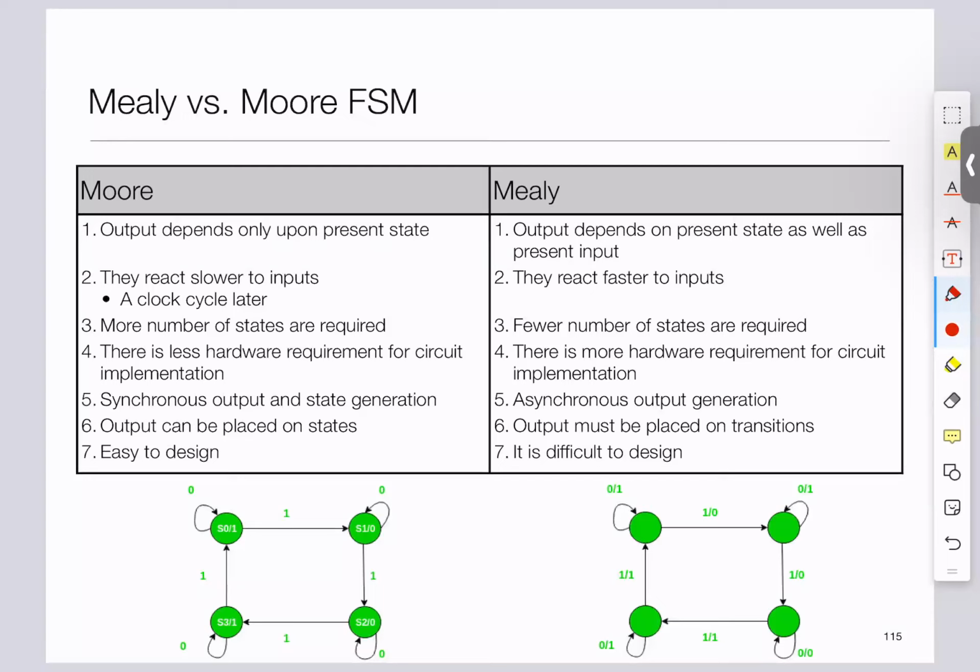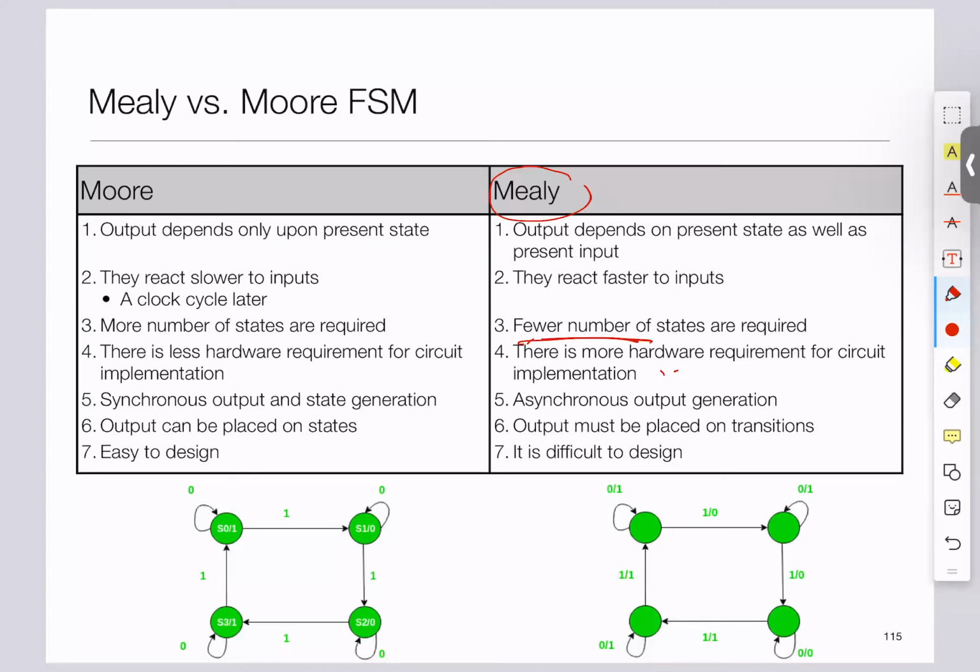Generally speaking, Mealy may require fewer states. Previously we talked about Mealy being faster to react, that's an advantage, but they may require fewer states, while their combinational logic may be more expensive.